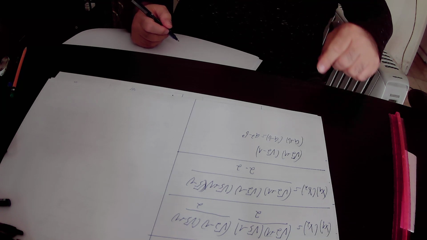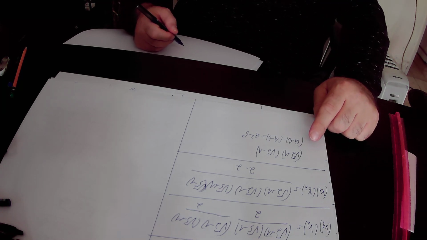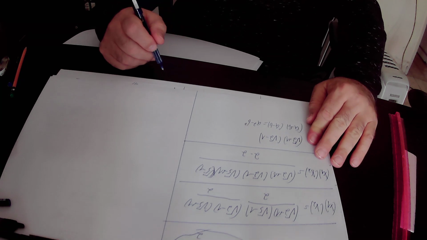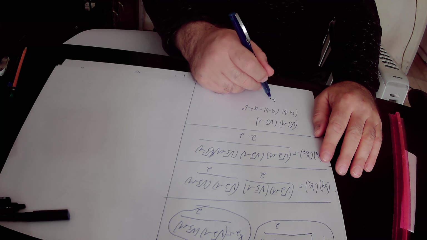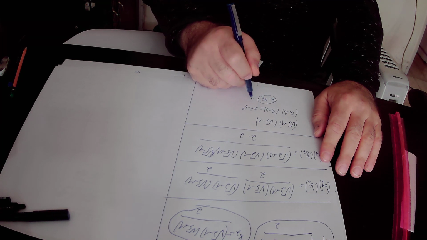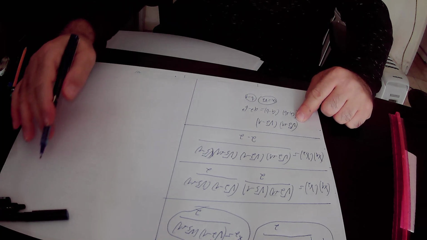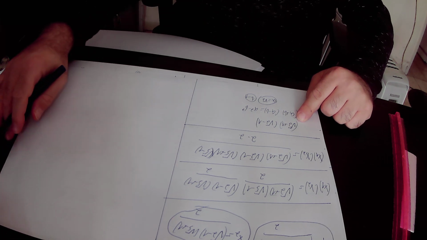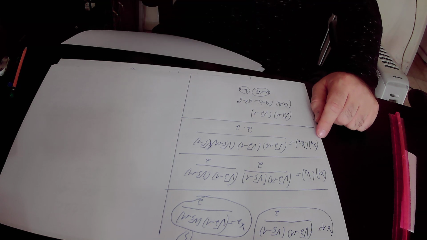And in our specific expression, square root of 2 plus 1 times square root of 2 minus 1, a is equal to square root of 2 and b equals to 1. So this expression must be equal to a squared minus b squared.